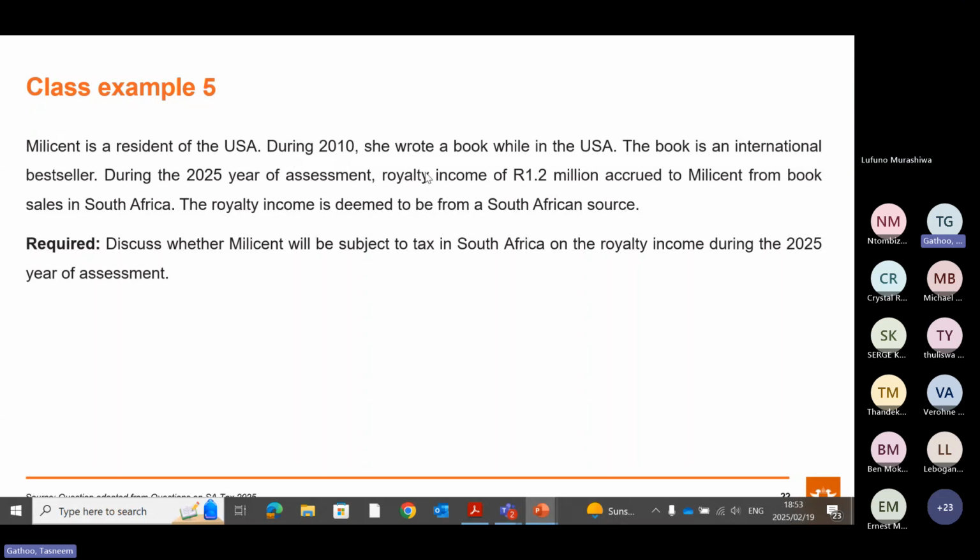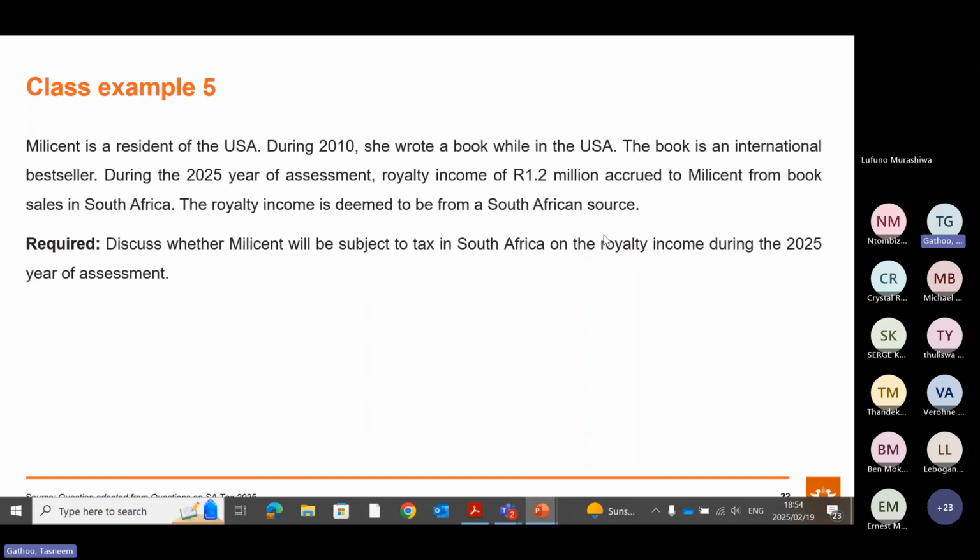During 2020, she wrote a book while in the USA. The book is an international bestseller. During the 2025 year of assessment, royalty income of 1.2 million accrued to Millicent from book sales in South Africa. The royalty income is deemed to be of a South African source.